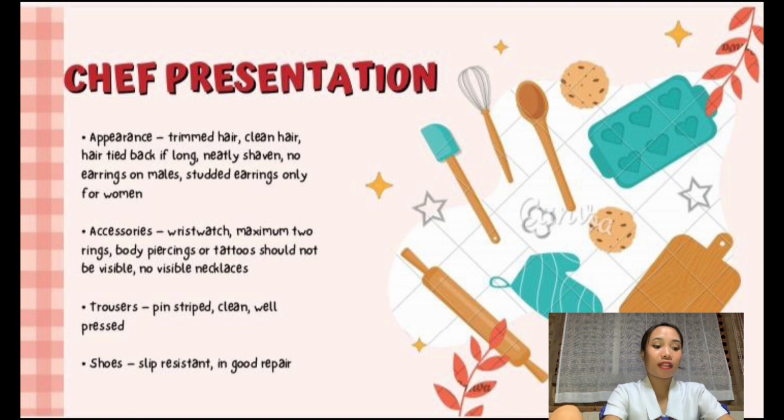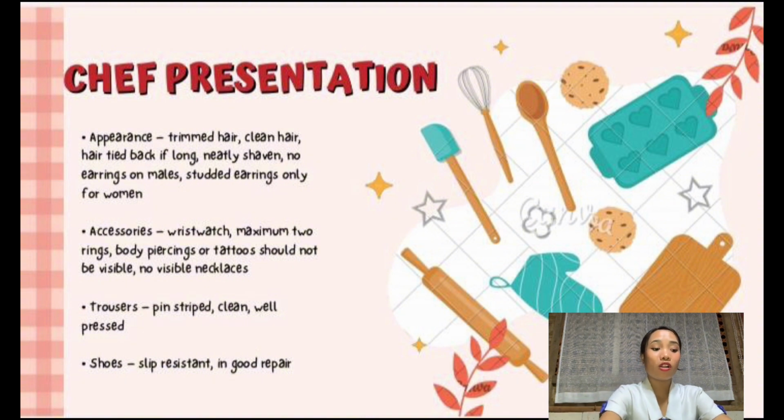So, chef presentation, we have here the appearance, which is trimmed hair, clean hair, hair tied back if long, neatly shaven, no earrings on males, studded earrings only for women. So we have here also the accessories, wristwatch, maximum two rings, body piercing or tattoos should not be visible.